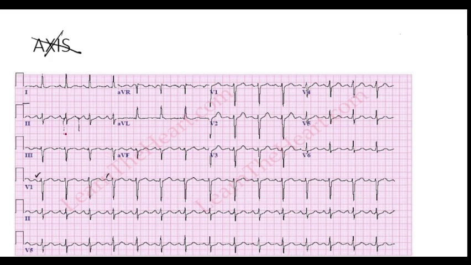This distance is the QT interval, the distance between the start of Q wave and end of T wave. Start of Q, end of T. So this is definitely going to be almost up to 2 small box. 2 small box means 400 millisecond, so it's still normal.